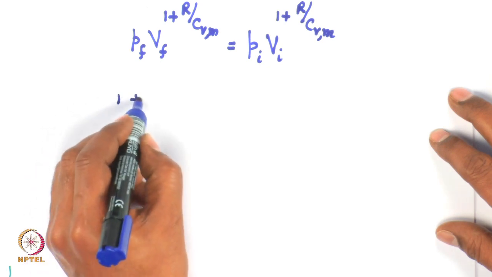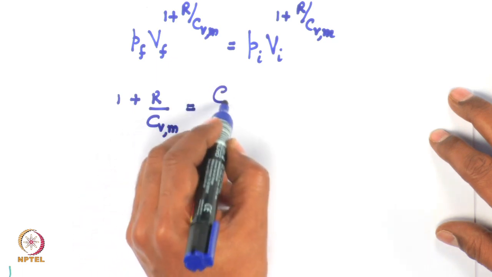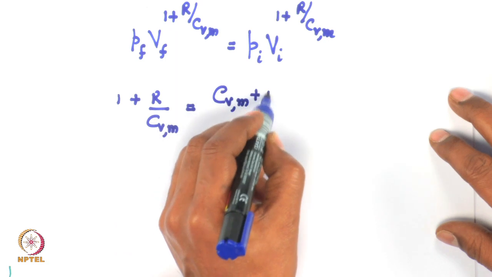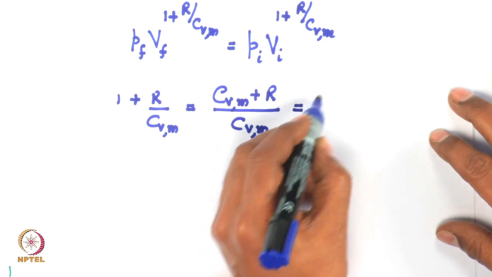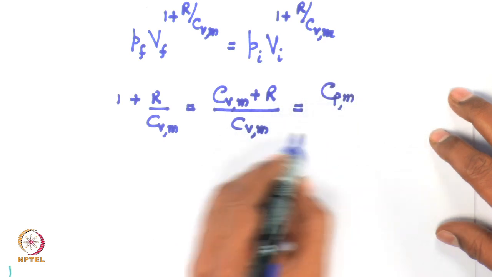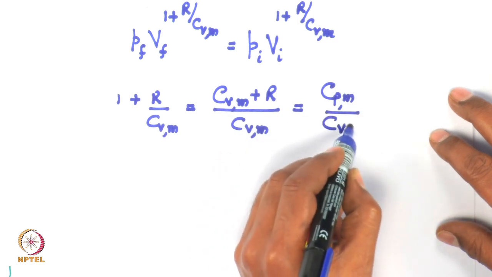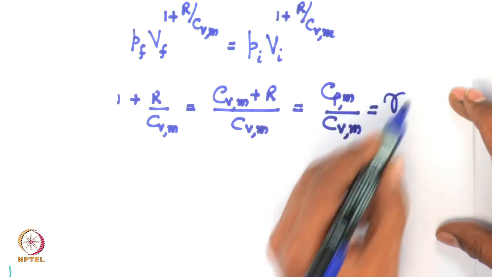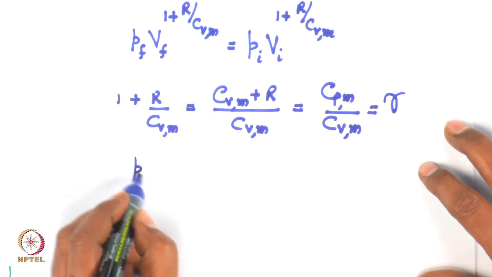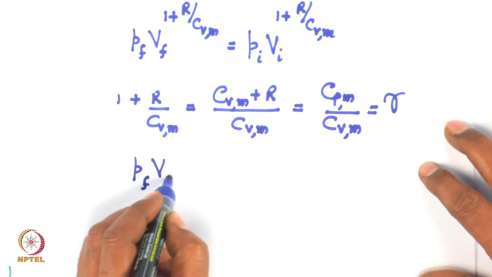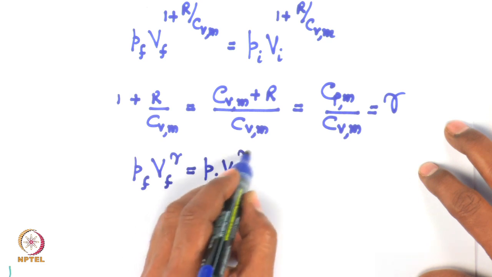Now, 1 plus R by C_Vm is equal to C_Vm plus R divided by C_Vm, and this is equal to C_Pm divided by C_Vm, because C_Pm minus C_Vm is equal to R, and I call this gamma. So, therefore, my equation now becomes P_f V_f to the power gamma is equal to P_i V_i raised to the power gamma.